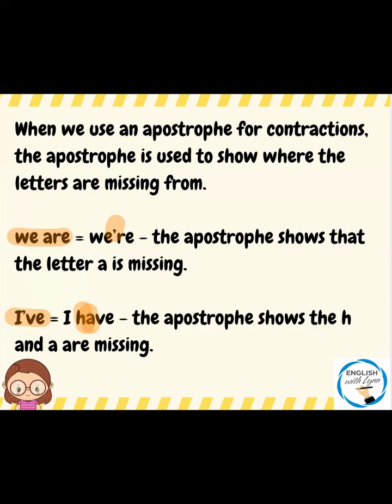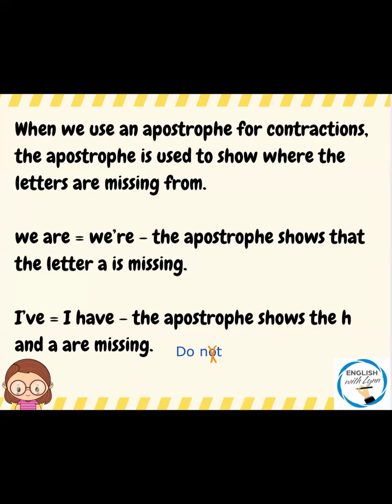Now, with this type of apostrophe, you need to be really careful, because when you come across the words "do not", what I often see is the apostrophe in the wrong place, because when you squish "do not" together, you end up with the word "don't". Okay. And what you are actually taking out of that word when we join it together is the O. Okay.